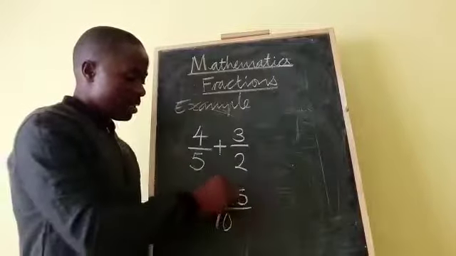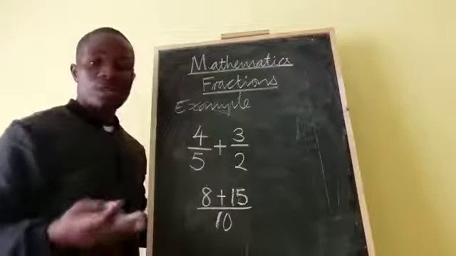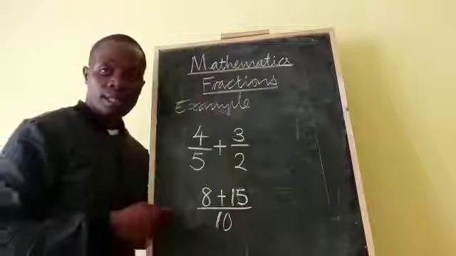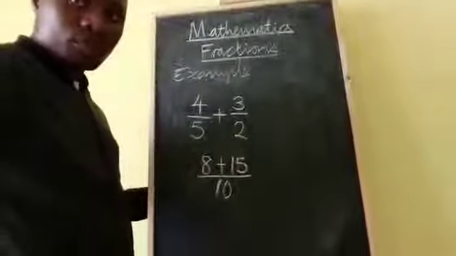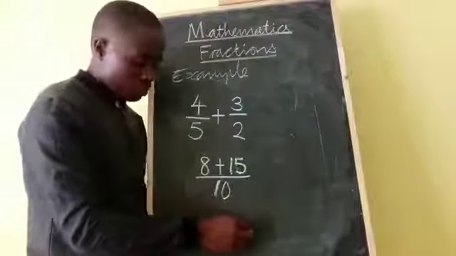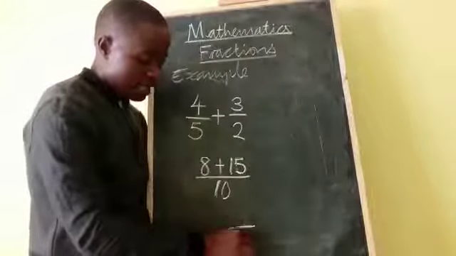Now having 8 plus 15, this shouldn't be a problem for you guys to add. How do we go about it? Let's see. Here you write your denominator as usual. That is, your denominator will be 10, down there 10.